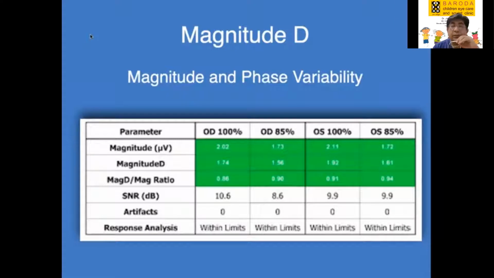Very true. So magnitude D basically tells us, you did a pattern ERG, you sent a checkerboard pattern, and then you got a magnitude, and they do this multiple times. At one point of time, that cell is responding well. At another point, that cell is not responding well.